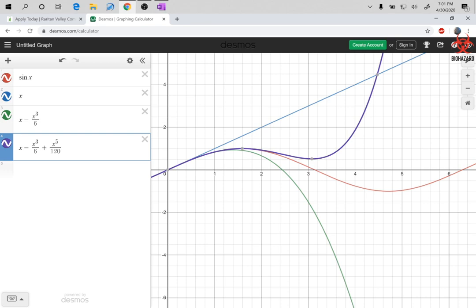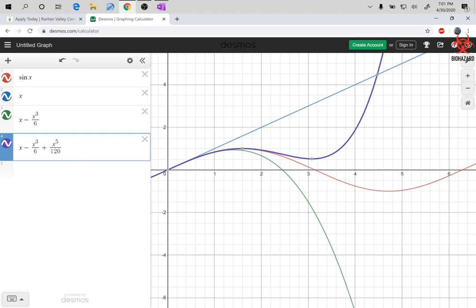Do you see that the purple line is pretty much the same as the red line all the way up to 2? The more terms you add to your polynomial, the more the polynomial is going to mimic and bend on the original function that it's derived from. So now I can add the 7th term.